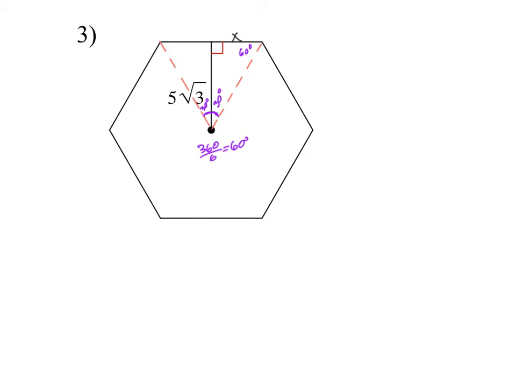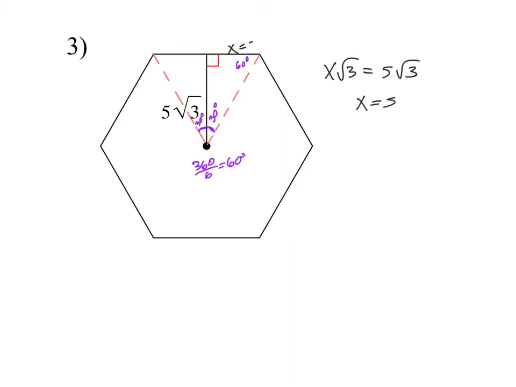So that means that x square root of 3 equals my longest leg, right? So my shortest leg times the square root of 3 is my longest leg. So that means that x equals 5. So that means that this equals 5, and I know that this also equals 5.